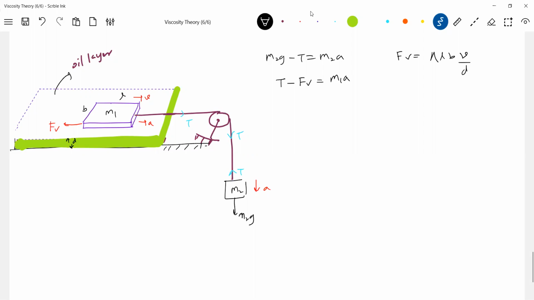So eta LBV by D equals M1A. I'll add these two: M2G minus eta LBV by D is equal to M1 plus M2 into A. What is A? A is dV by dt.